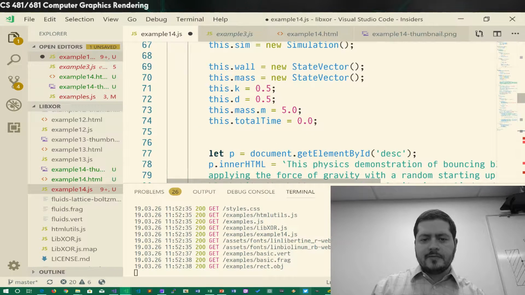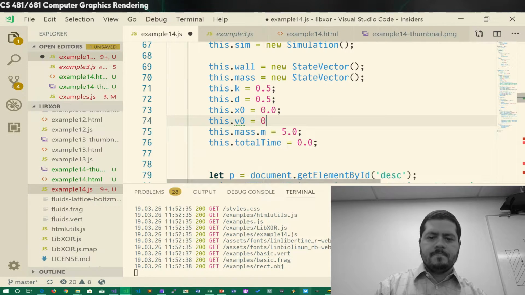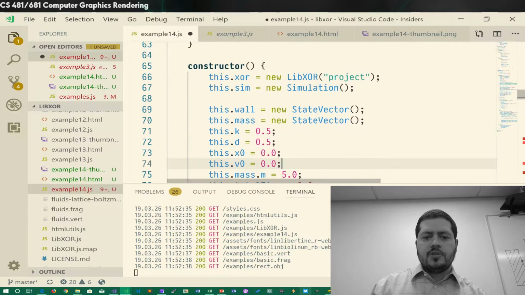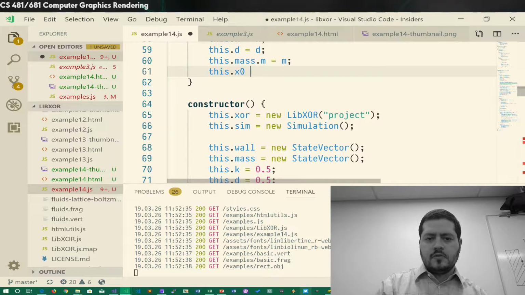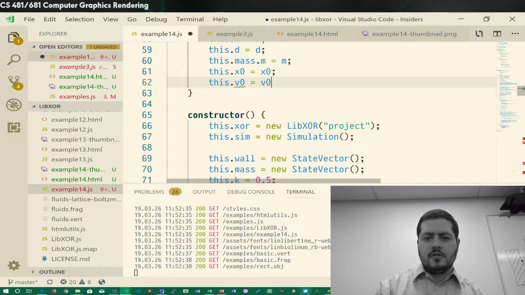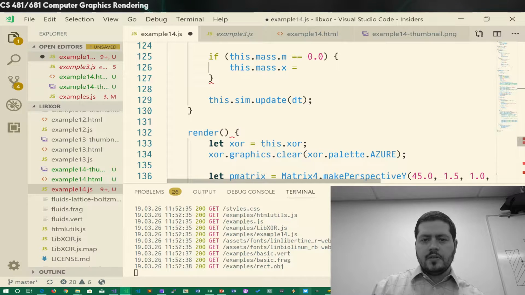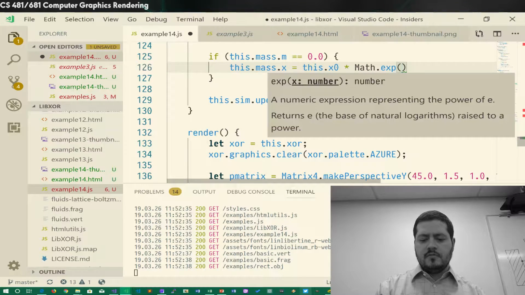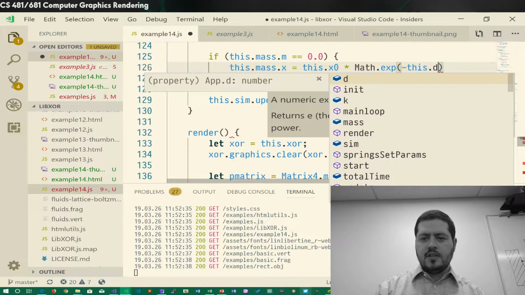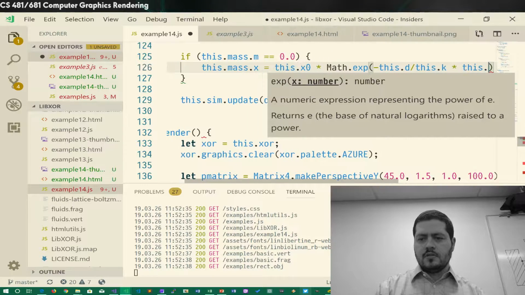We should probably keep track of our own x naughts, because we're using a fixed equation, essentially. All right. So it's x naught times Math.exp of minus this.d over this.k times total time.